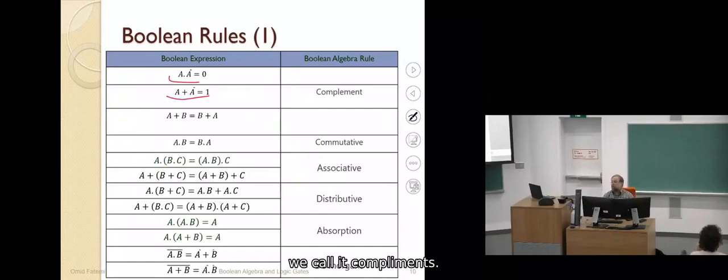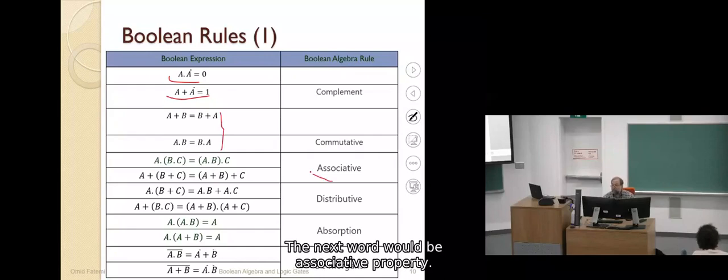We call it complement. The next rule is the commutative property. It means A plus B is the same as B plus A, or A dot B is the same as B dot A. Okay, commutative property.